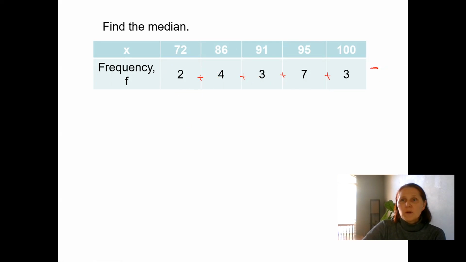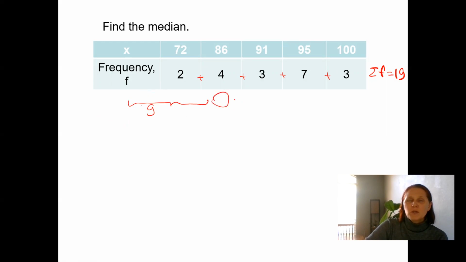So the sum of frequencies is 19. We have 19 data values, so the median will be in the middle. If we arrange them, we will have 9 values, then one value that will determine the median, and another 9 values. So 9 plus 1 plus 9.